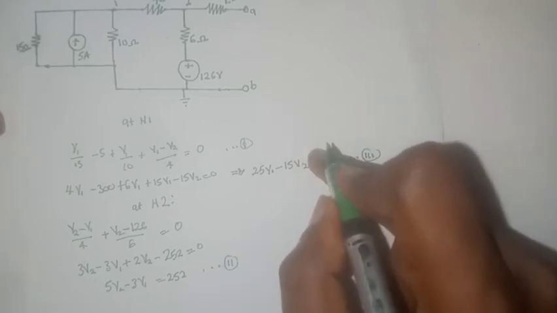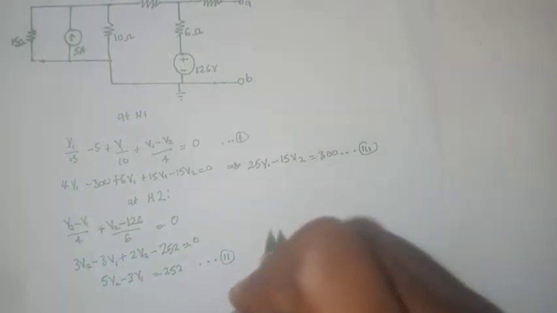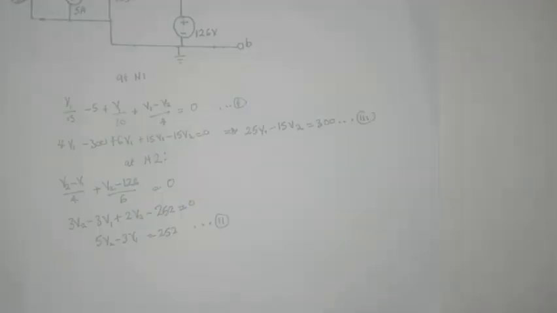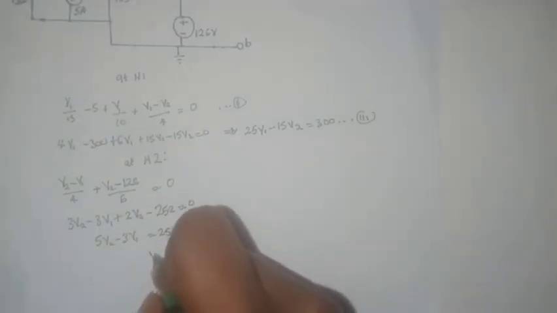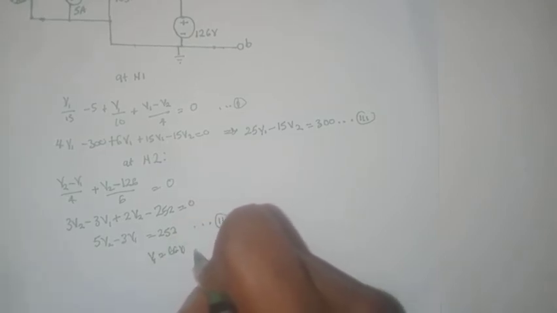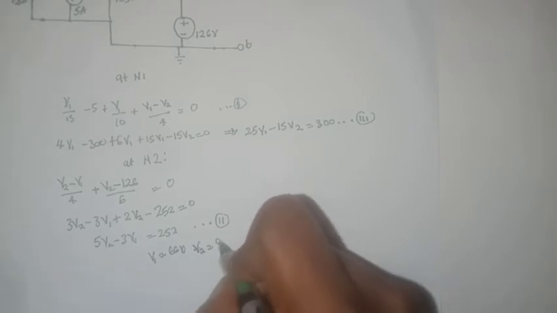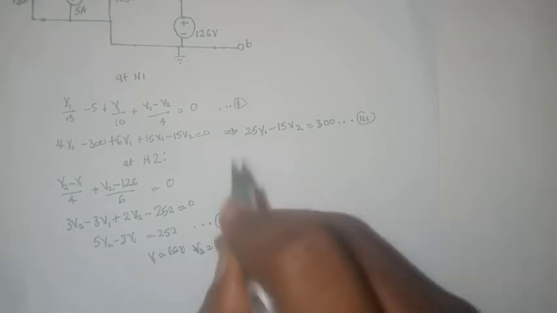We can solve equation 3 and equation 2 simultaneously, and we'll arrive at the values of V1 and V2. With this, V1 would be equal to 66 volts, and V2 would be equal to 90 volts.